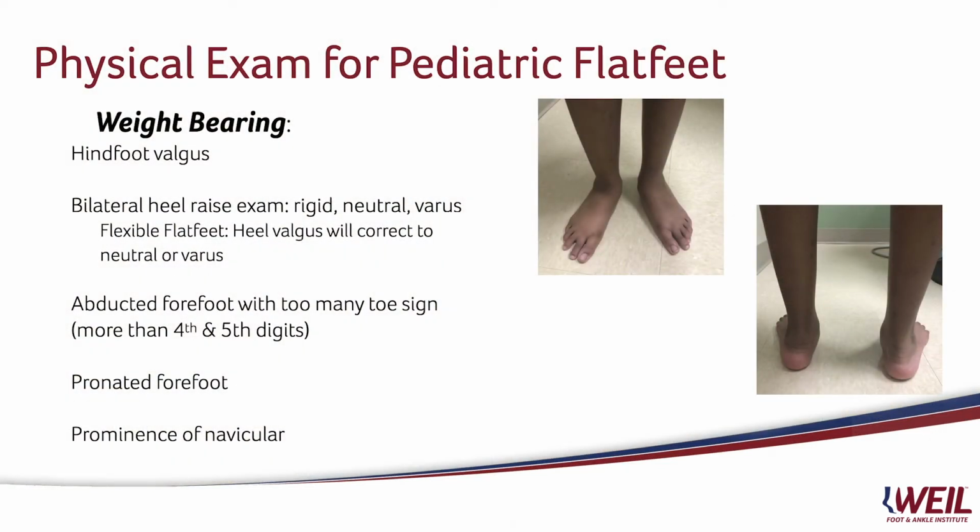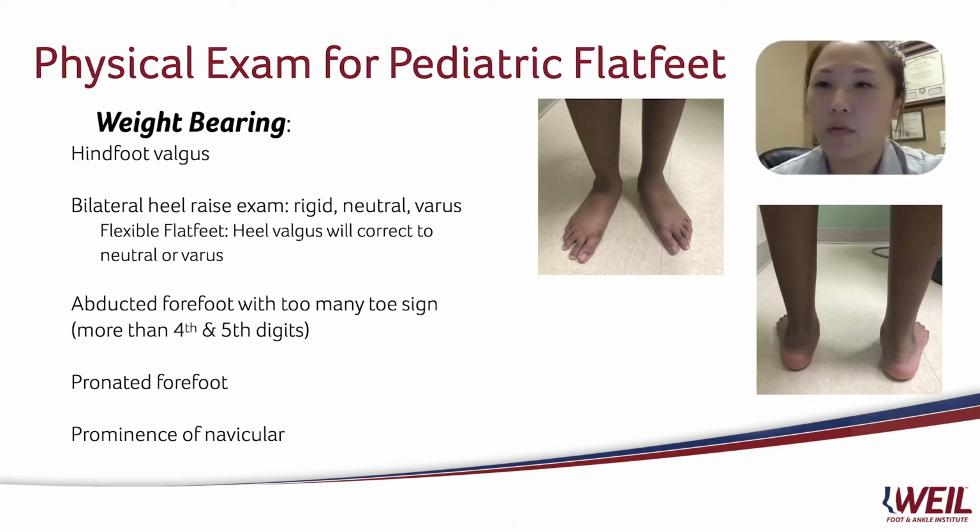Some of the things that we look for on a physical exam on a weight-bearing surface: we look at the back of your heel. We look at whether there's an angulation at the back of your heel compared to your leg, if it's straight versus if it is turning outwards. This lets us know the severity of your flat foot deformity.